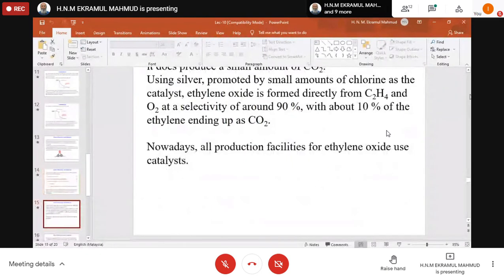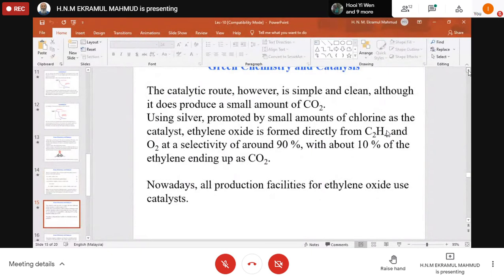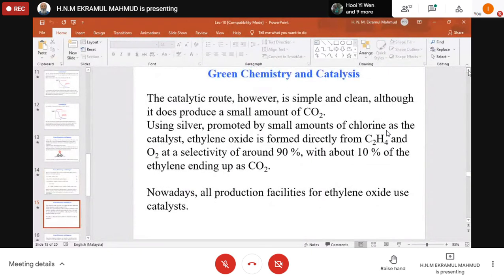So if we use a catalyst, we can avoid this one. The catalytic route, however, is simple and clean, although it does produce a small amount of carbon dioxide. Yes, true, carbon dioxide is a pollutant.